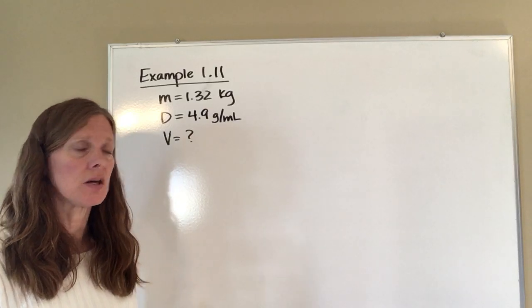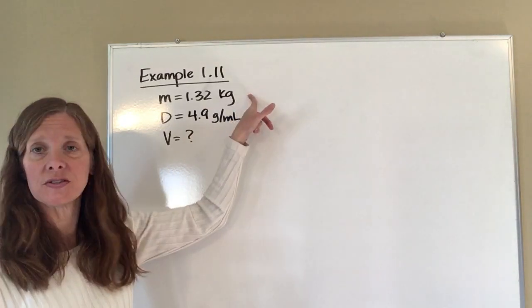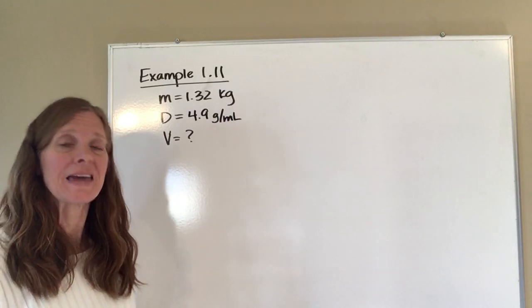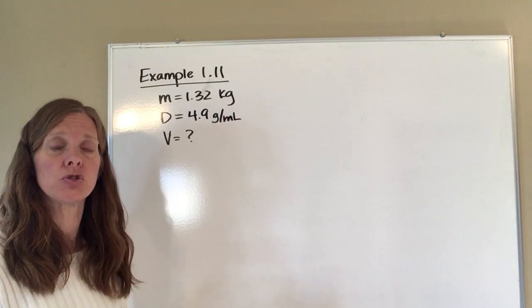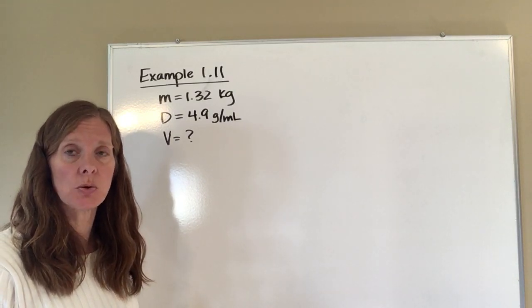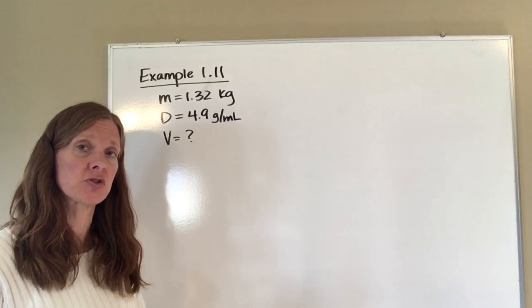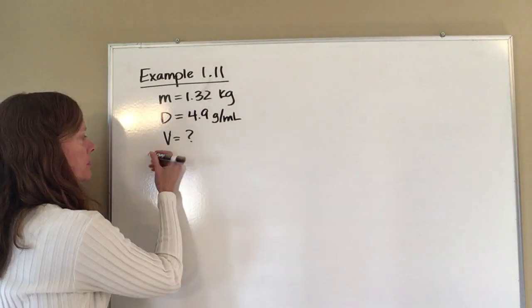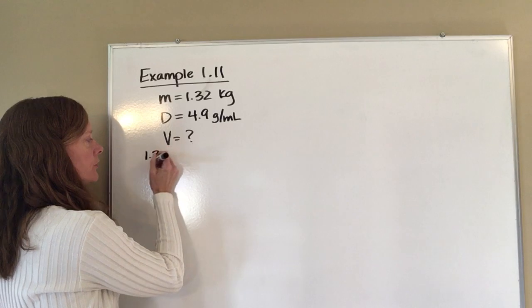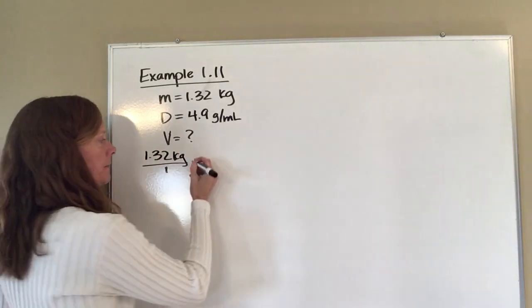Now, the very first thing that you should notice here is that this is in grams and this is in kilograms, and I can't work with those two different units of mass, so I've got to convert them so that they are the same. So I'm going to take 1.32 kilograms and put that over 1.